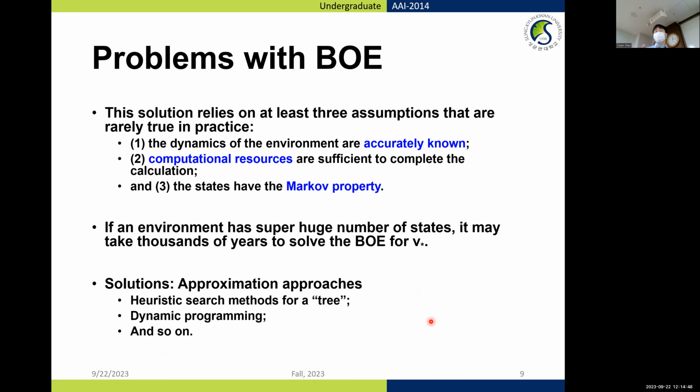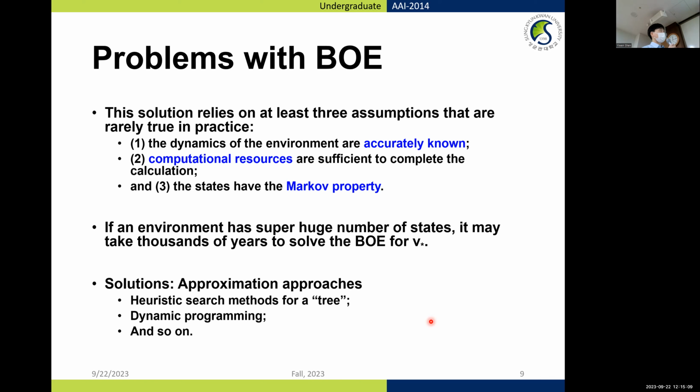So the problem with BOE is that we need to know the dynamics of the environment. It means that all those probabilities, like transition probabilities and action probabilities, need to be known. Most of the time it's difficult to know.